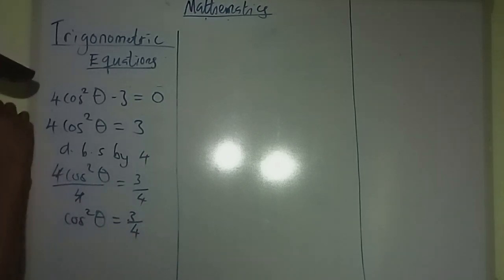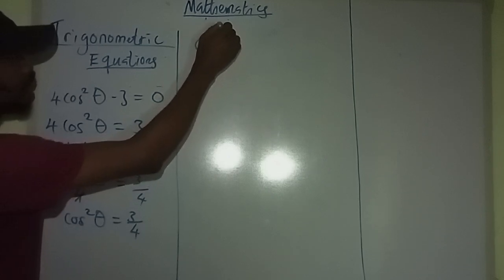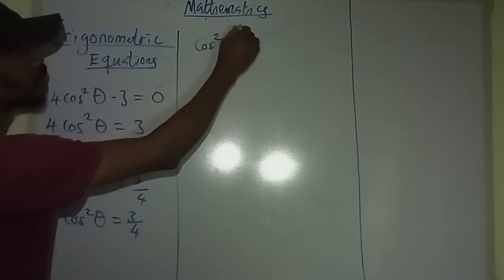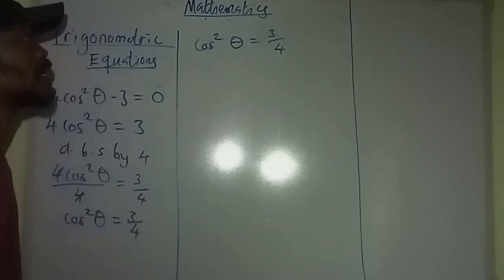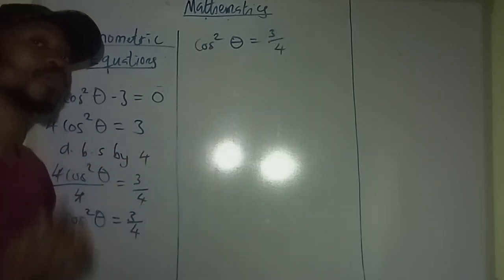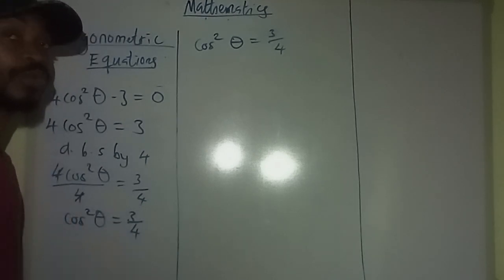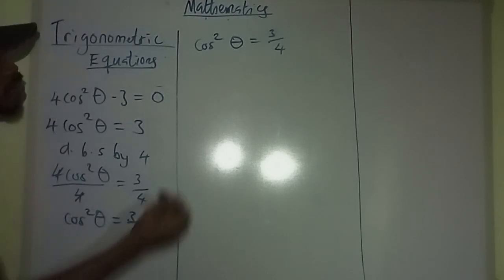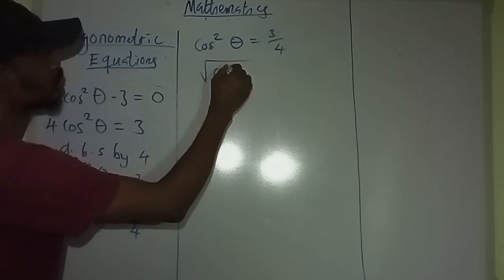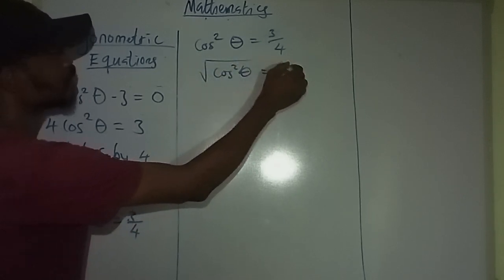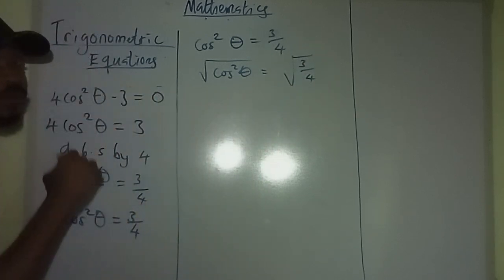Let me write it up here so that you can see it clearly. Cos squared theta equals 3 all over 4. Now we need to get rid of this square. How do we normally get rid of a square? We take the square root of both sides. The square root of cos squared theta equals the square root of 3 all over 4.